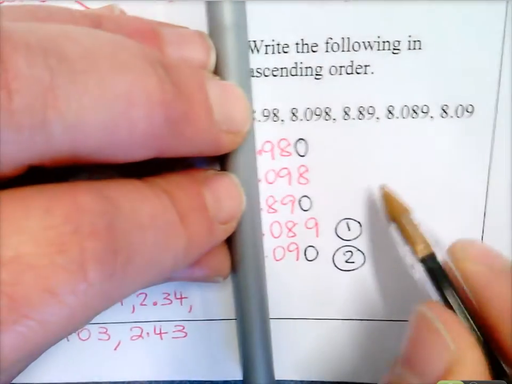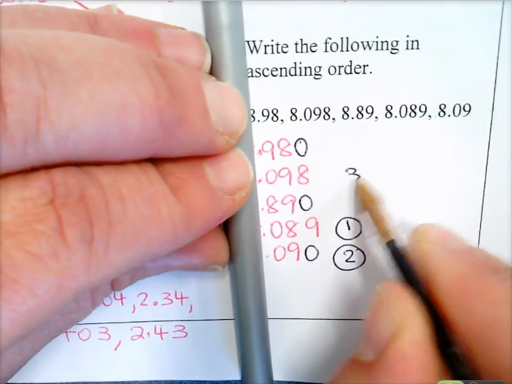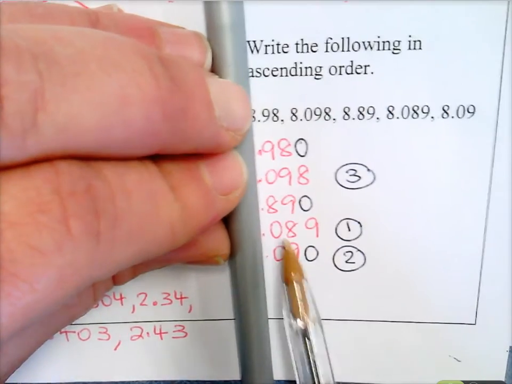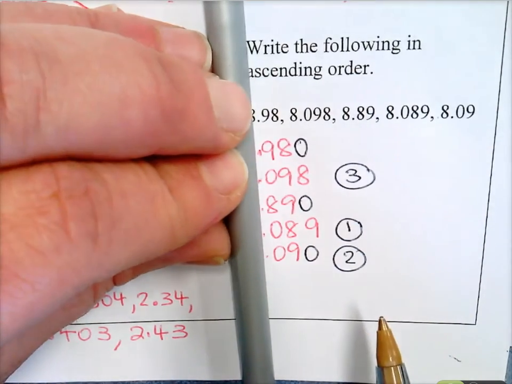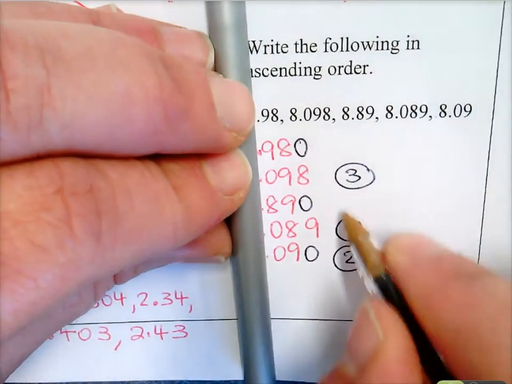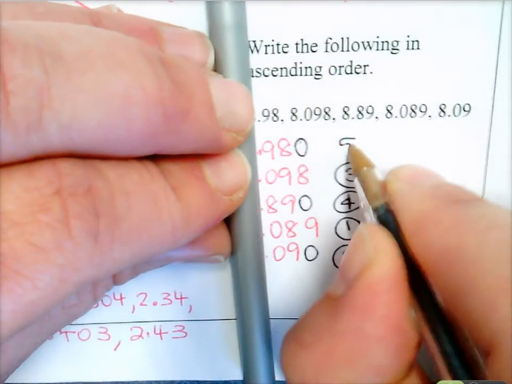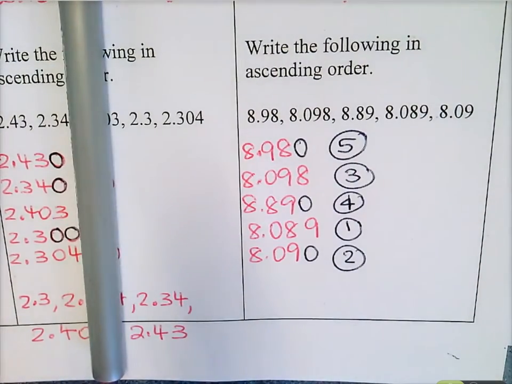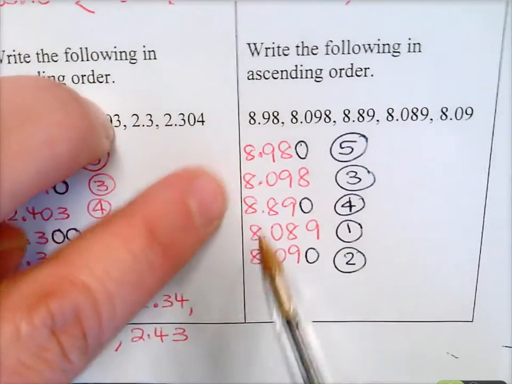What's the next smallest number? Then I've got, what's the next smallest? 90. Is it 980 or 890? 990. And 980. Look, girls, the other thing you can do is the following. The 8s are all the same.